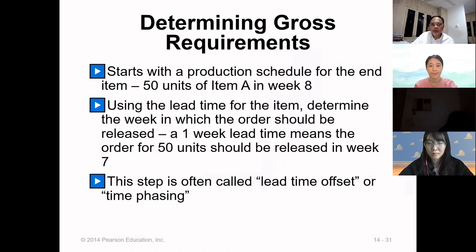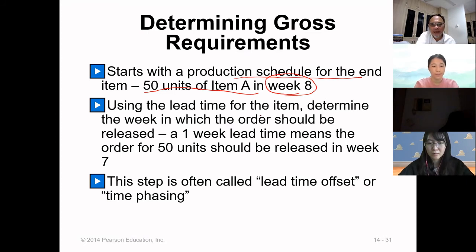Coming back to our example of producing 50 units of item A, the awesome amplifier, start with the production schedule for the end item, which is 50 units of item A in week 6. So we need 50 of A at week 6.